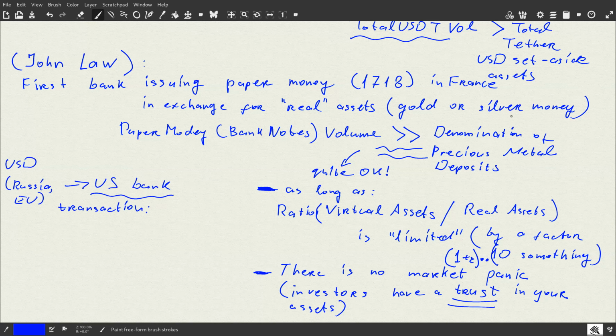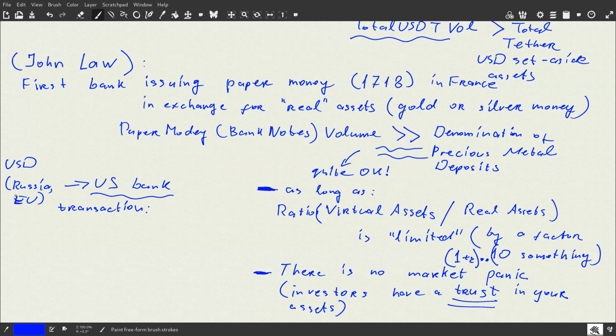And the US payment architecture is, I would say, much more dated, I could even say backward, compared to Russian or European Union payment systems.